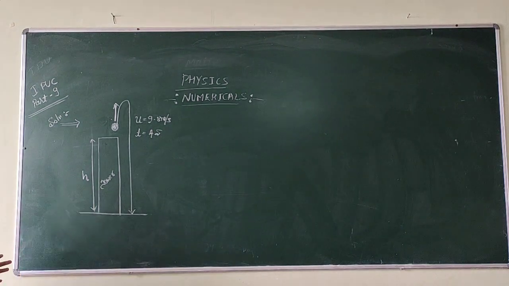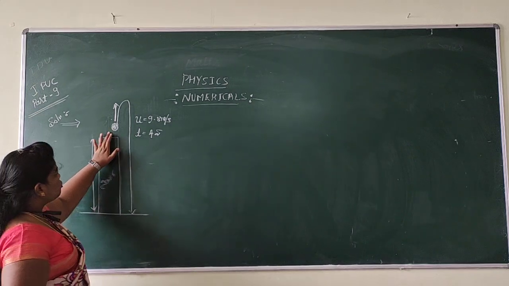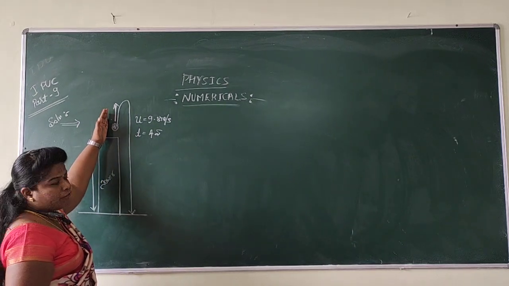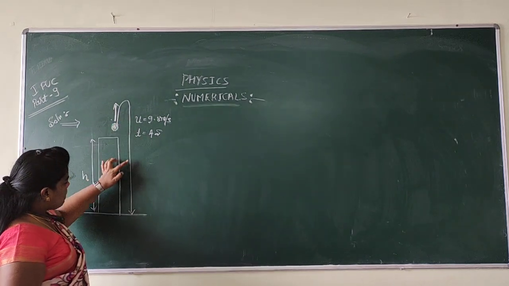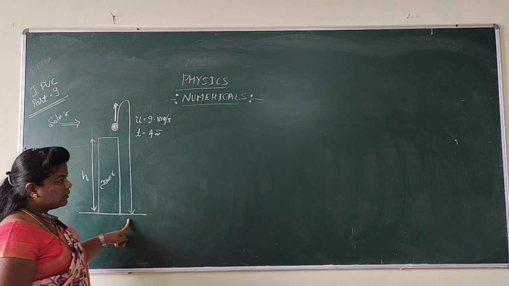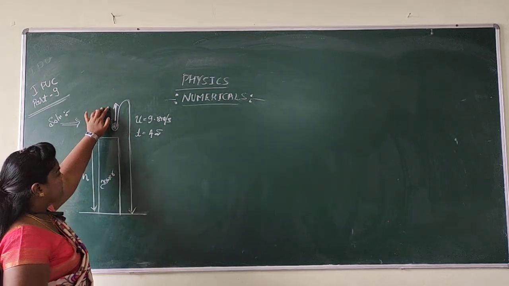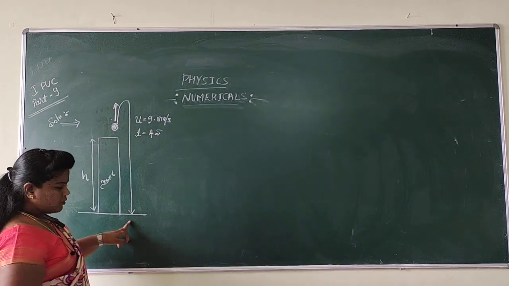So only these values are written, but please be careful, my dear students. I am going to throw the stone vertically upward, but after some time what is the stone going to do? It comes back to the ground, right? I am repeating again. I am going to throw the stone vertically upwards, but after some time it returns back to the ground.